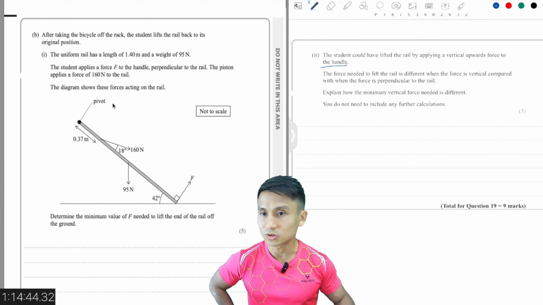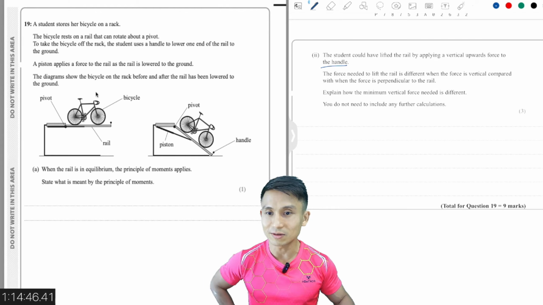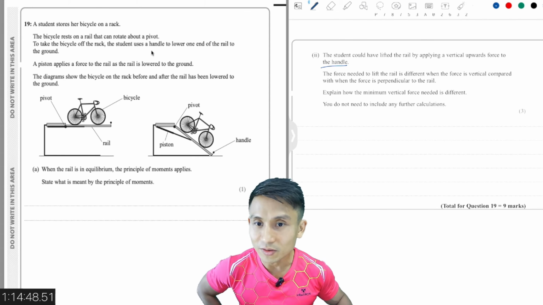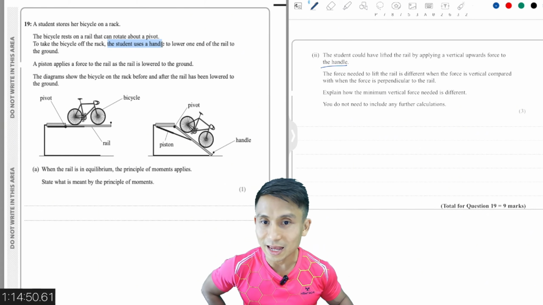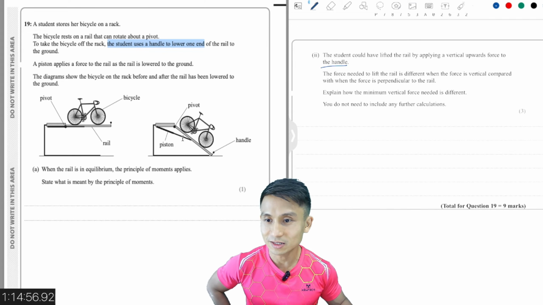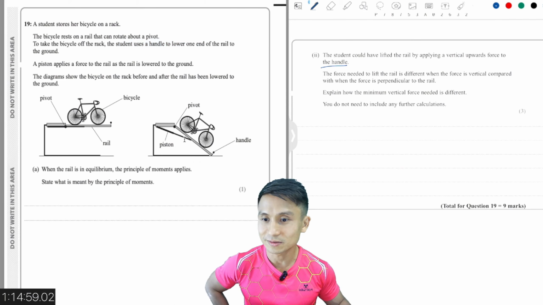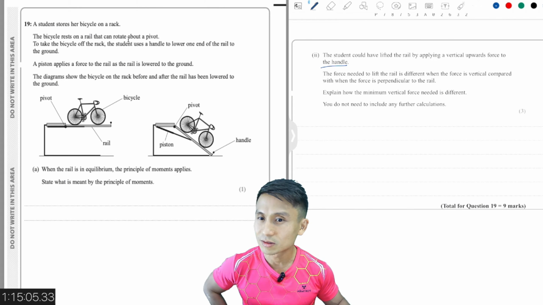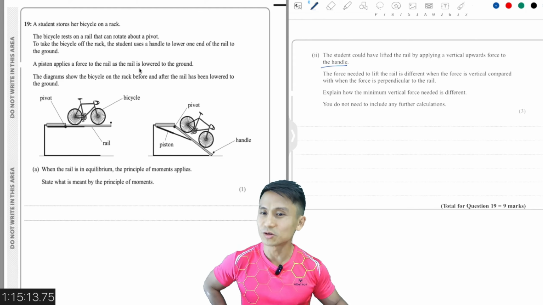So the handle, we need to find where the handle is. The student uses a handle to lower one end of the rail to the ground. Oh, this is the handle? Oh yeah, this is the handle, I guess. Or is it the handle of the bicycle?